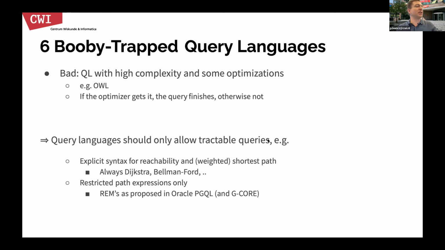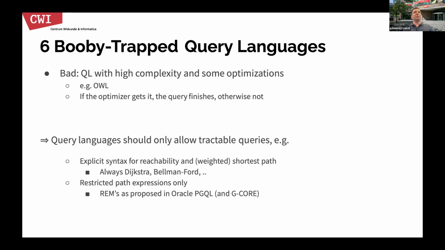And the sixth and last blunder of graph database design is what I call booby-trapped query languages. Now it is very tempting to create a query language that has very rich functionality and offer it to a user.